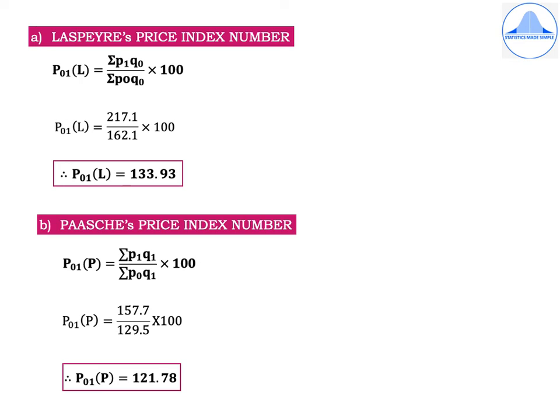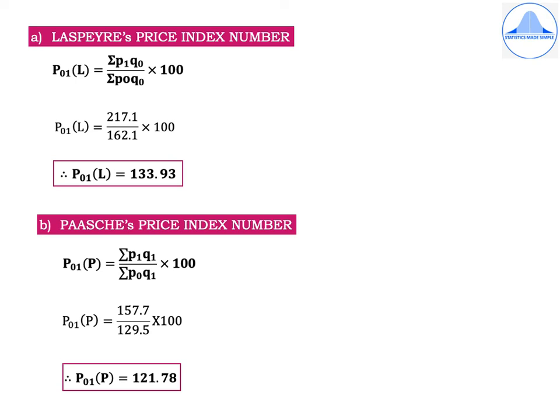Sure, all of you are thorough with the formulae for the weighted aggregative price index numbers. So first subdivision, Laspeyres price index number P01 of L is equal to summation P1 Q0 divided by summation P0 Q0 into 100, which is equal to 217.1 divided by 162.1 into 100, or P01 of L is equal to 133.93.